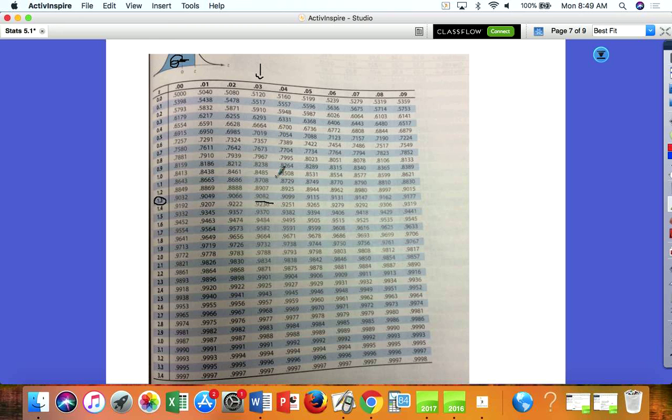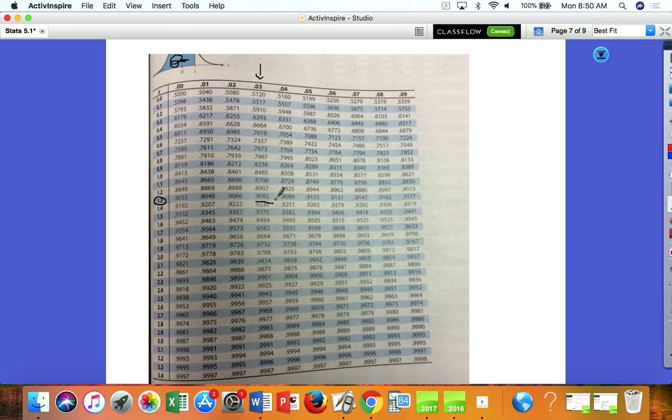So the area of the blue region is 0.9082. This means that 90.82% is below that z-score and correspondingly is below that raw score. That's what that table will do for you.